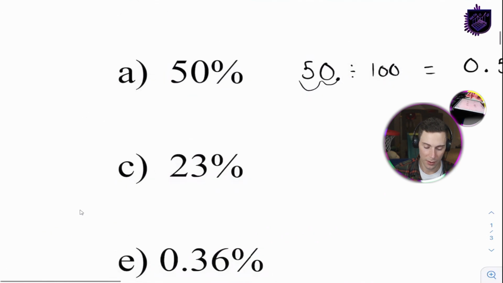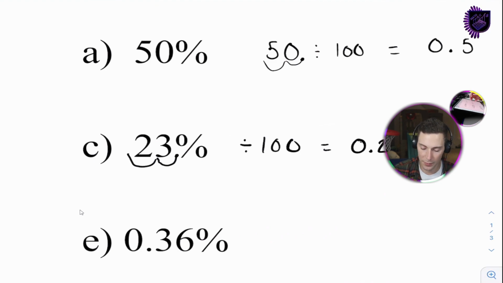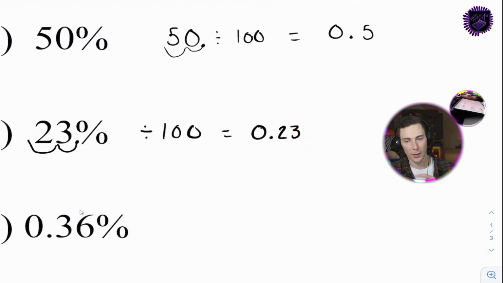23%. Now this one, you will need that second number. So let's divide this by 100. Or, in other words, we're going to move our decimal spot over 2 places, and it's going to equal 0.23. So we can't just drop the 3 there, right?